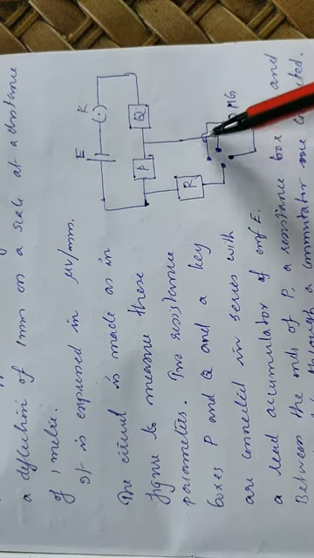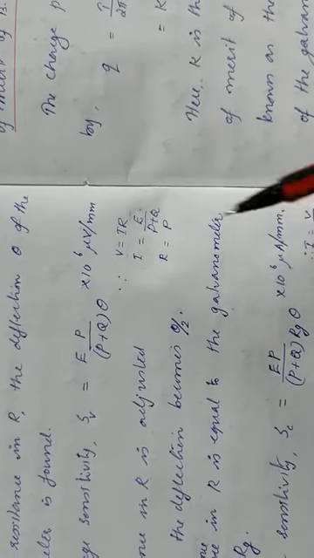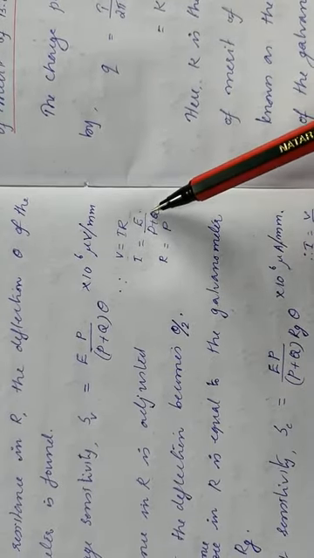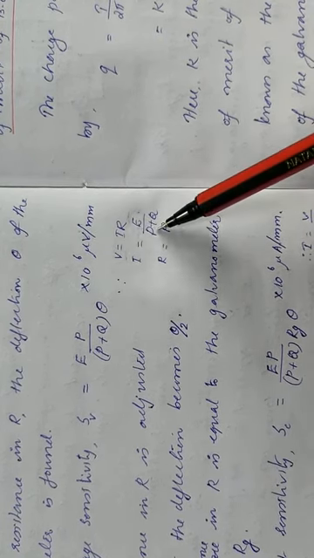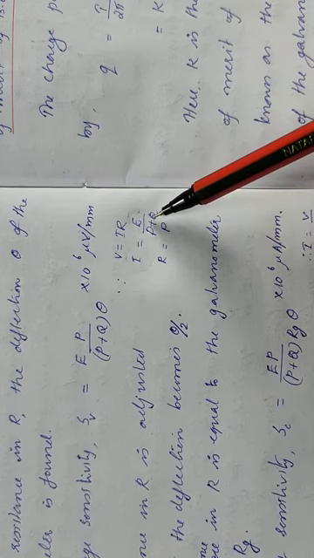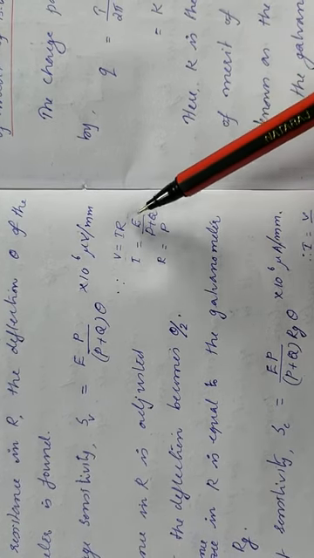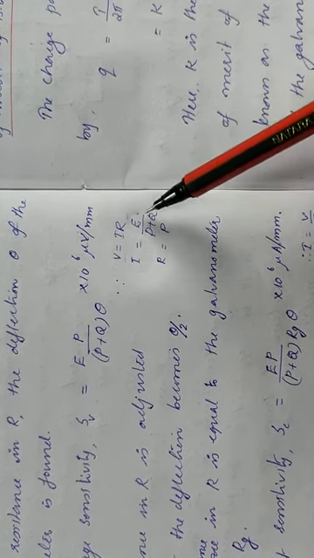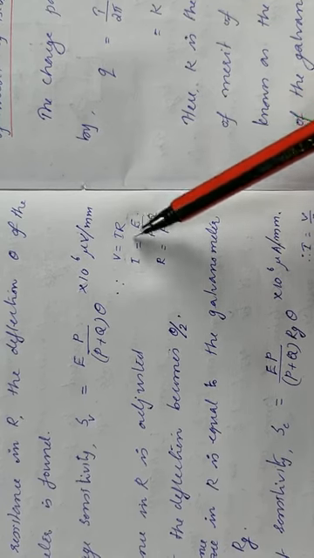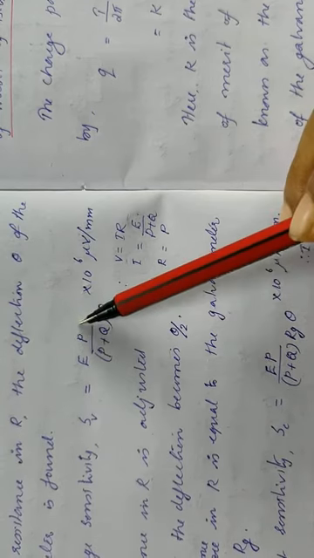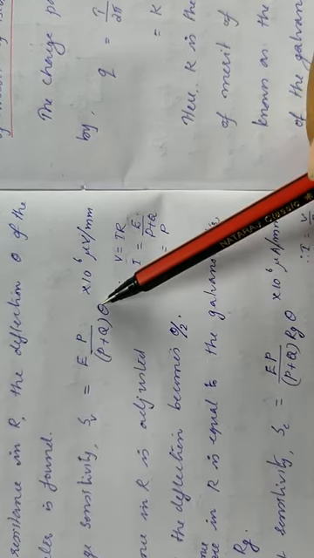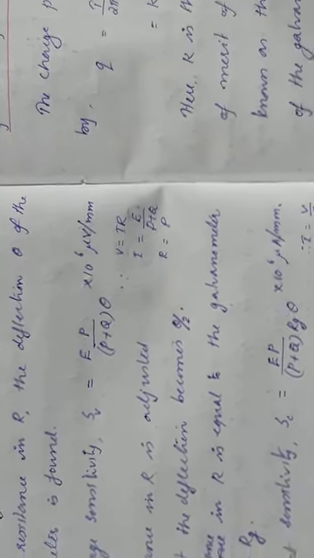So the voltage developed will be I into P, that is E by P plus Q into P. So I into R will give you the formula E into P by P plus Q, and per deflection.